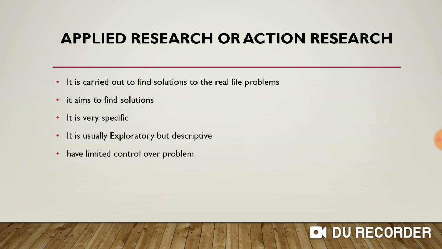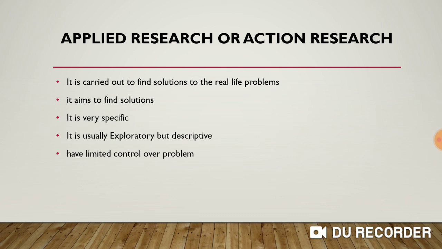So in the case of applied research or action research, what are the similarities? Both are similar: researchers focus on the immediate problem. So wherever there is an immediate need to take a decision about a problem, the researcher needs to undertake a study that is called applied research or action research.